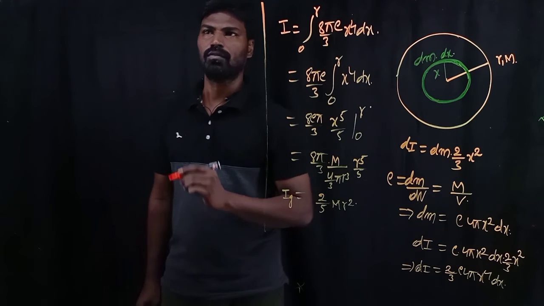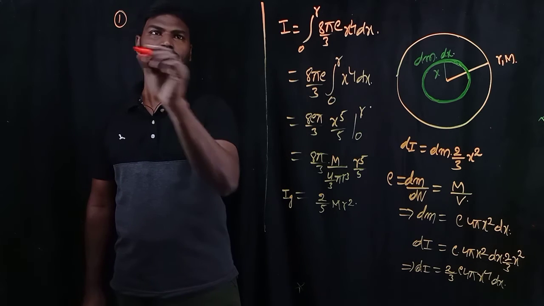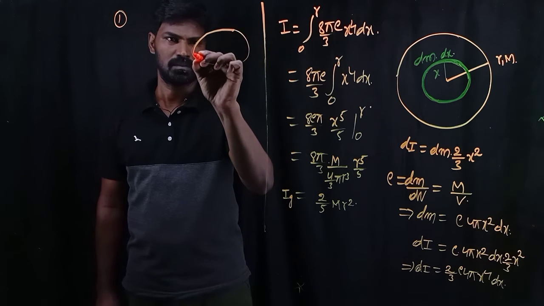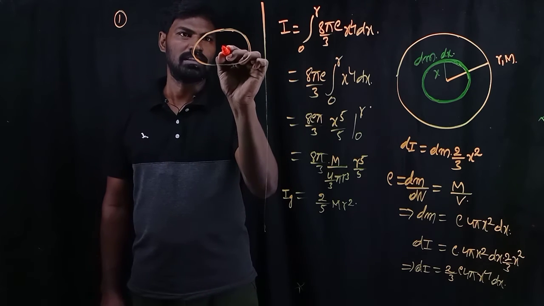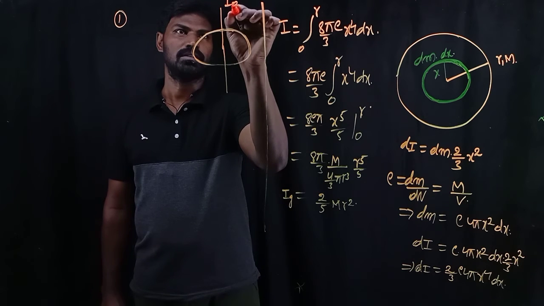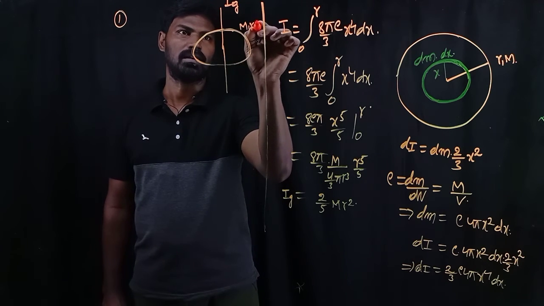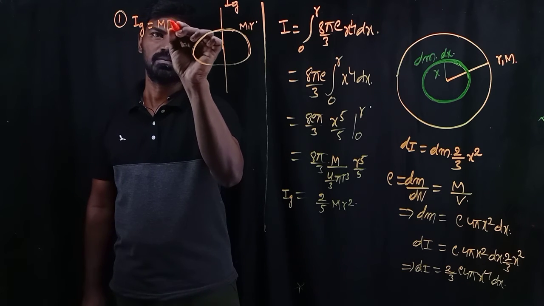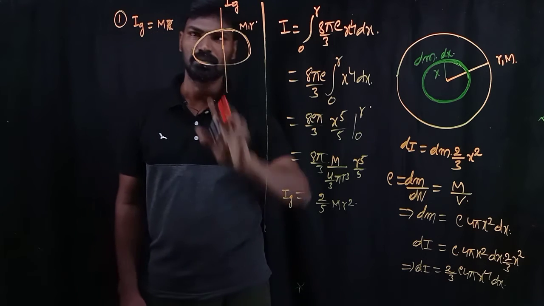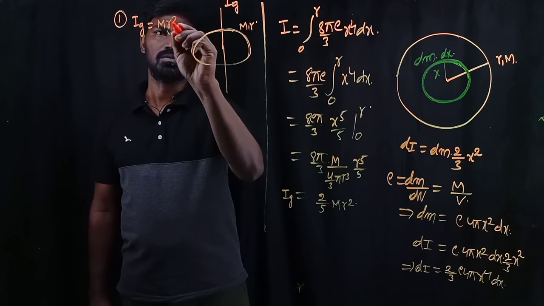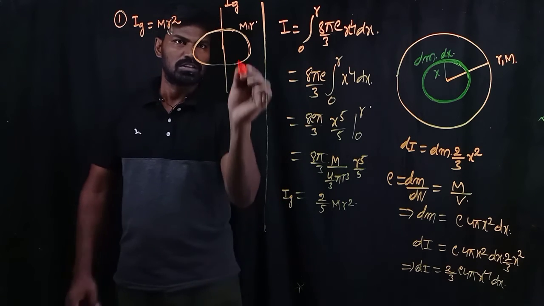First, I calculated the moment of inertia of a circular ring, with respect to an axis passing through its center of mass and perpendicular to the plane containing this ring. Ig, mass m and radius r, is equal to m r squared.